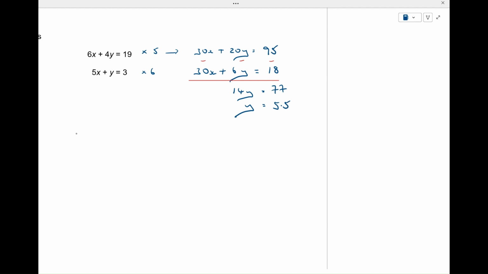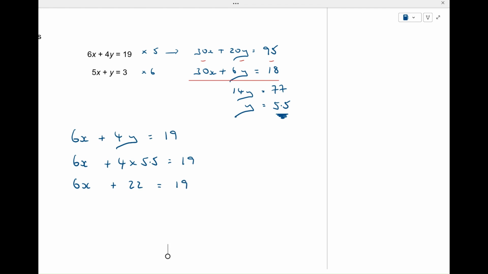Now I always then write down the top equation. So here it is. And I'm going to substitute my value for y into this equation in place of y. So 4 times y is going to become 4 times 5.5. So that's 6x plus 4 times 5.5, 22, equals 19.